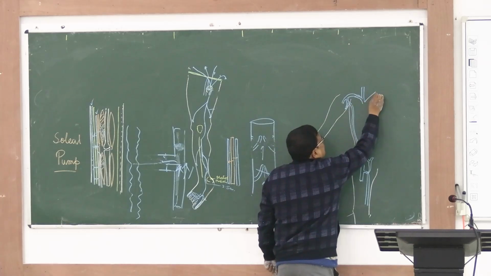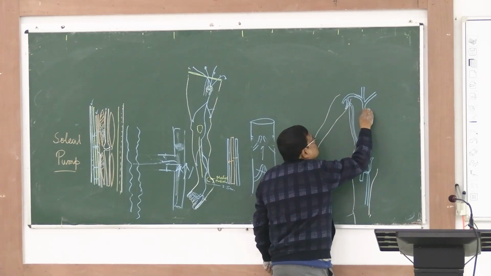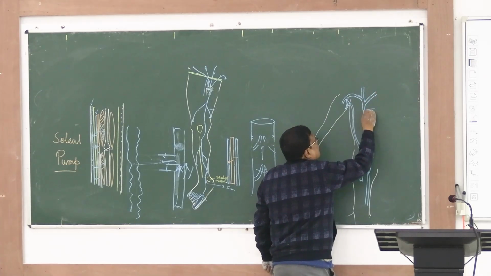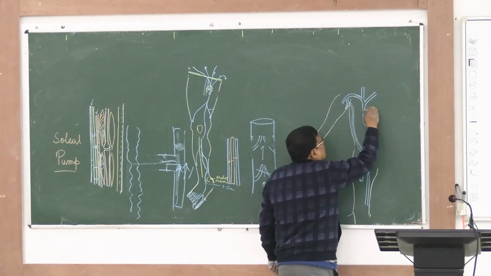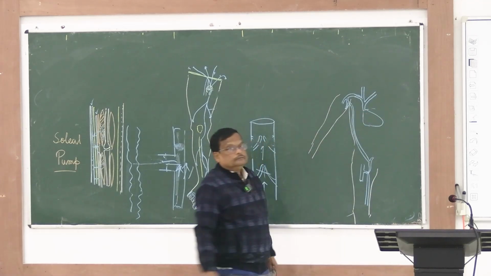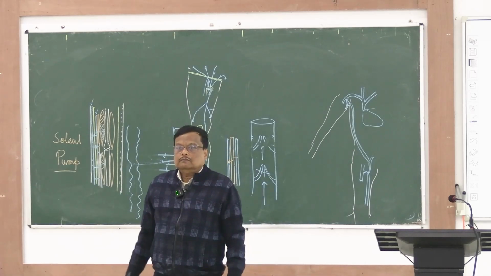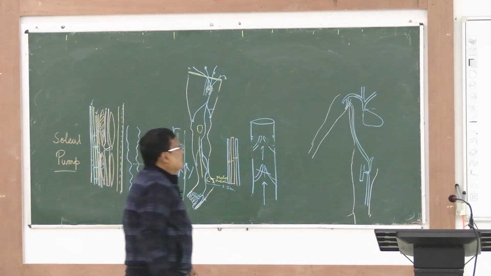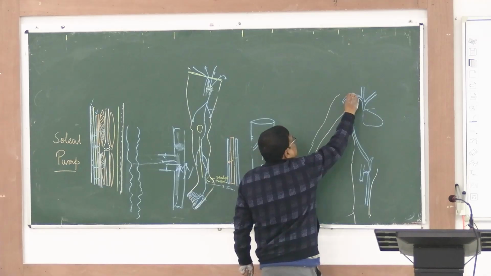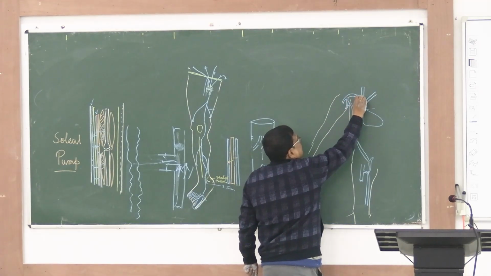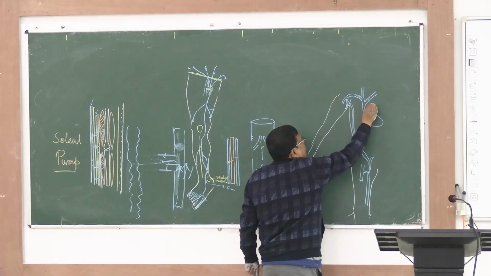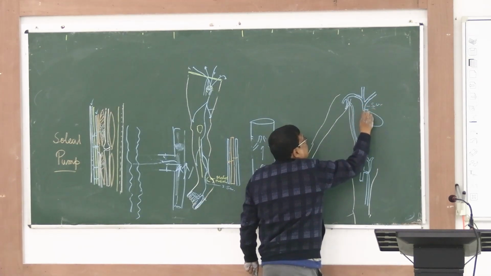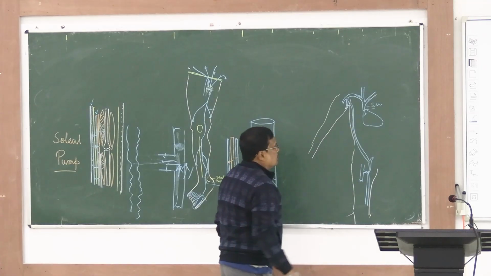Brachiocephalic vein of the right and left joined together to form the superior vena cava, which ultimately goes to the right atrium of the heart. তাই তো? Axillary vein becomes subclavian vein. Subclavian vein joined to the internal jugular vein. From the right brachiocephalic vein, we join with the left brachiocephalic vein to form the superior vena cava, which ultimately opens into the right atrium of the heart.